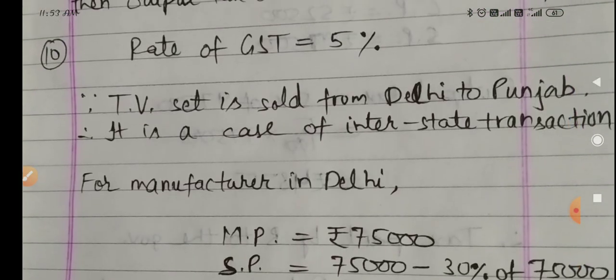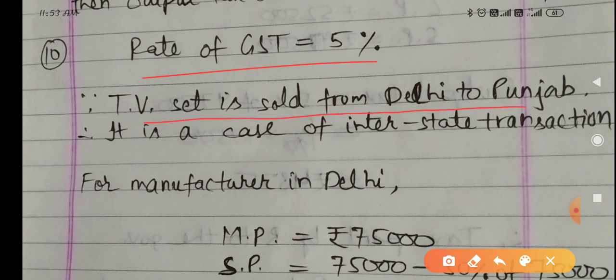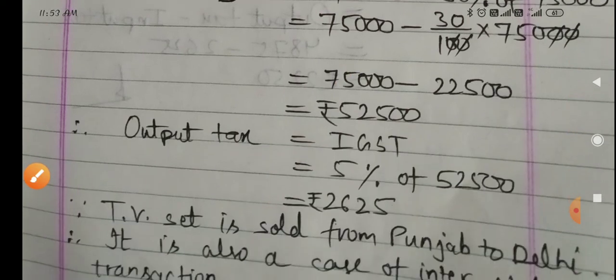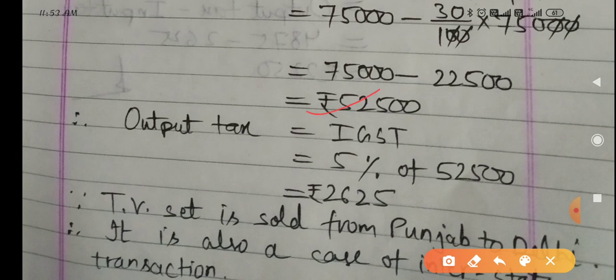I have written here, rate of GST 5%. Since the TV set is sold from Delhi to Punjab, it is a case of interstate transaction. So for the manufacturer in Delhi, MP is given as 75,000. SP, at how much price is he selling the TV set? 30% discount is given. So 75,000 minus 30% of 75,000. After calculation it is coming 52,500.